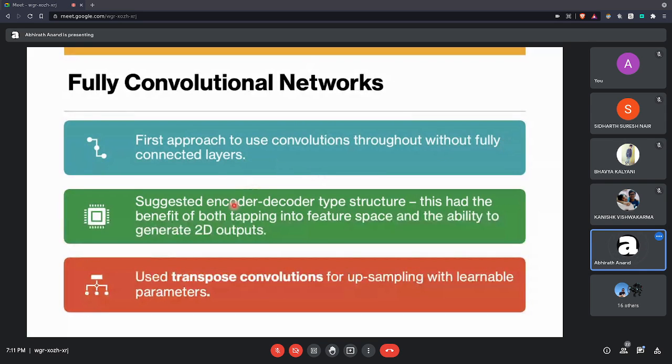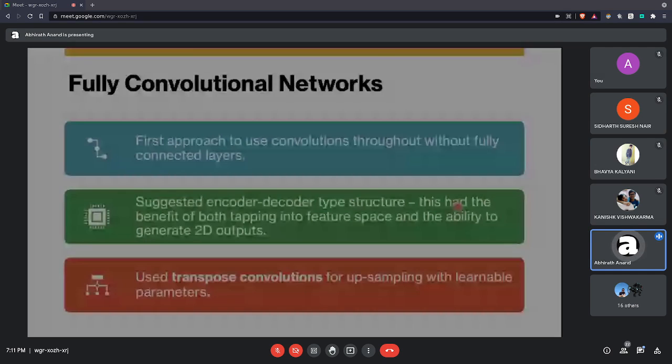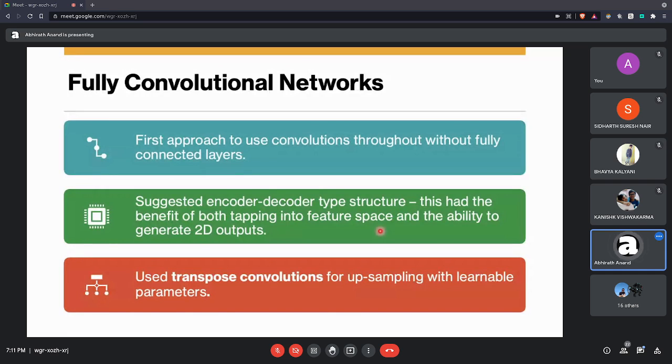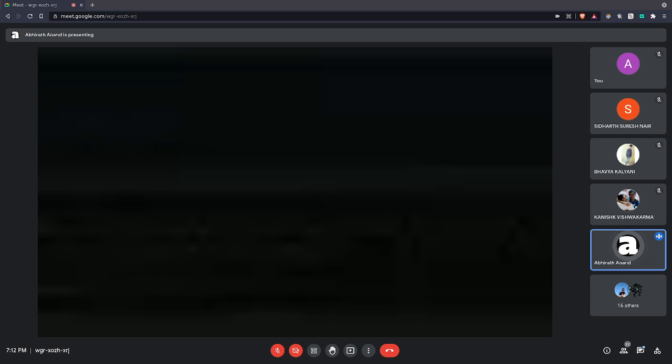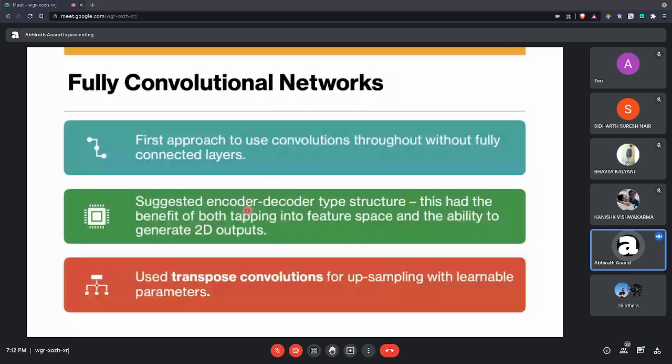The other major contribution that this made is it suggested an encoder decoder type structure. I'll go into this in a little more detail further down the line, but a brief understanding of what this means is the encoder is a set of layers, or an architecture, that basically takes your image and extracts all the features from it. Like I said, this is where CNNs are really good.